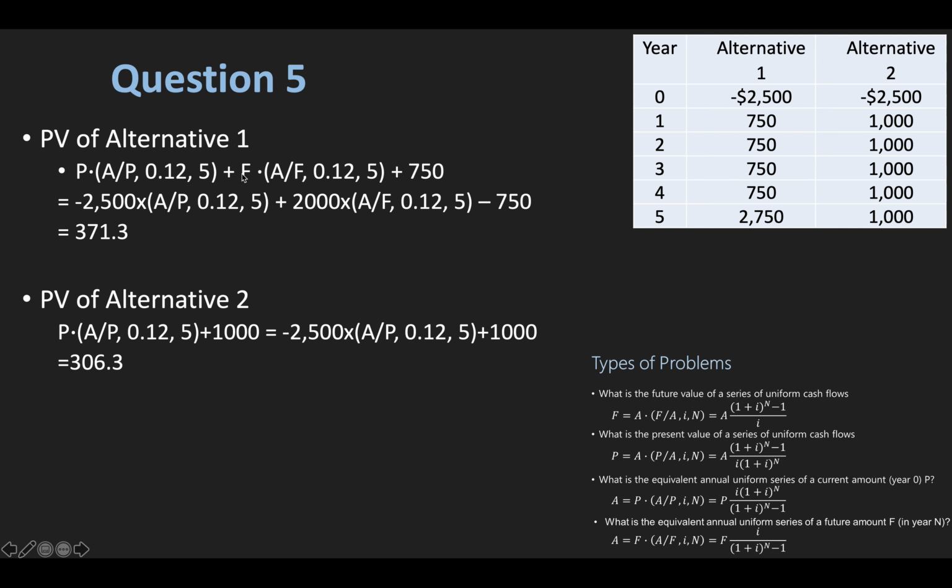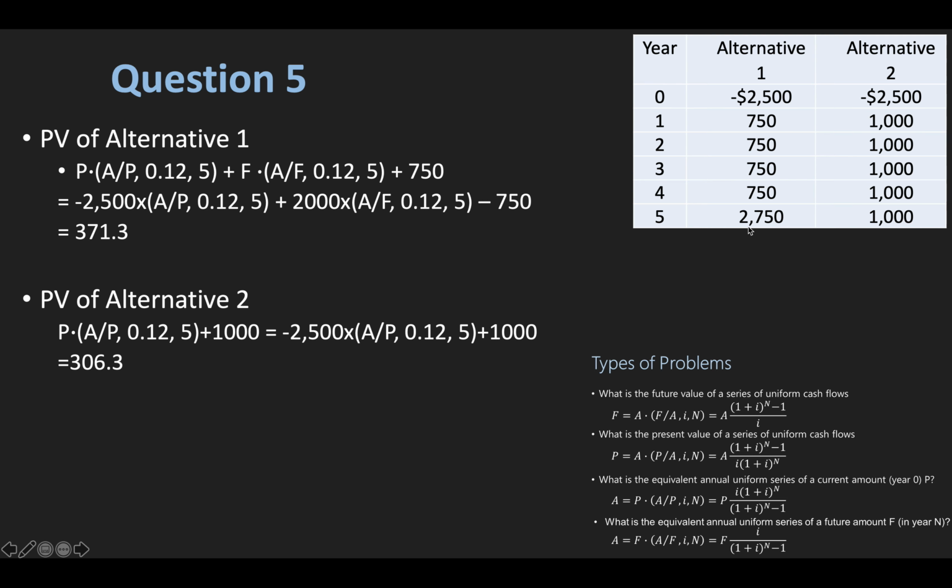Then another thing, I have 750 here because in fact here is already an annuity, right? On year 1, year 2, year 3, year 4, we all have 750. Year 5, we have a little bit more, but we can take out the 750 just like all the other years and assume this is the annuity, the equal part. Then for year 5, what's left is the other $2,000.